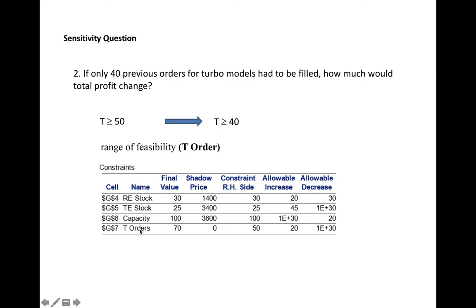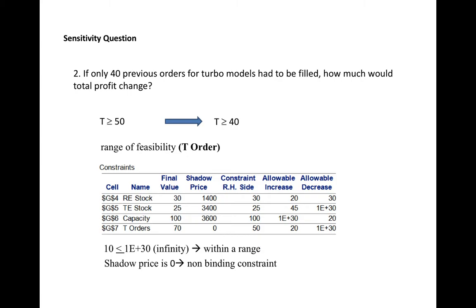Let's take a look at the sensitivity report, and in the constraints table you can find the relevant information to solve this problem. Let's check whether this change is within the range. Because 10 is less than or equal to my allowable decrease, we know that this is within the range.